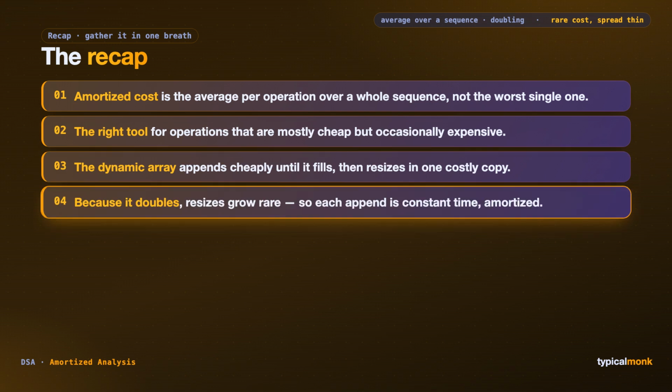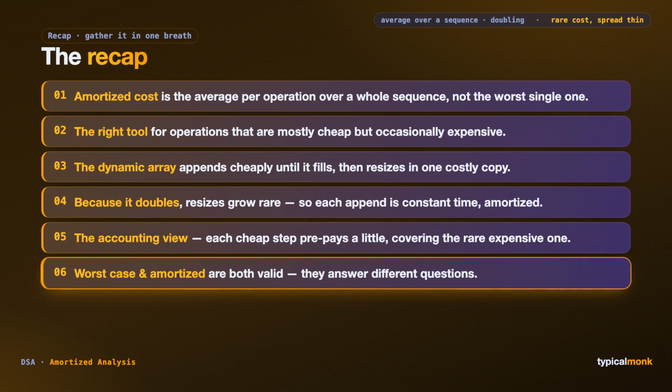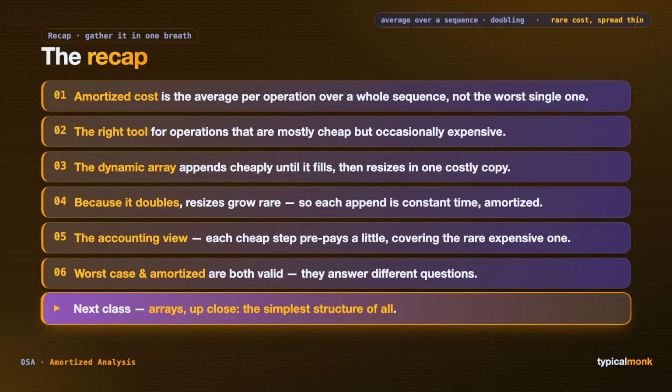Because it doubles in size, resizes go rare, so each append is constant time amortized. The accounting view: each cheap step prepays a little, covering the rare expensive one. Worst case and amortized are both valid. They answer different questions. Next class, arrays, up close, the simplest structure of all.